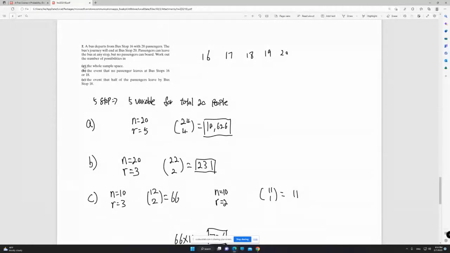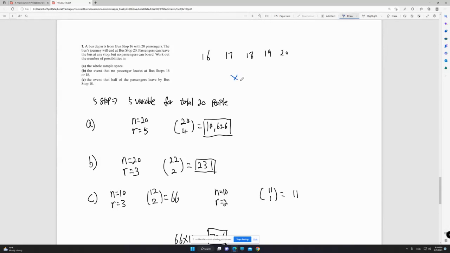Okay. So the whole sample space, 5 stops. The whole sample space. Okay. How did you figure out the whole sample space? First of all, there's 5 stations. That implies 5 variables.